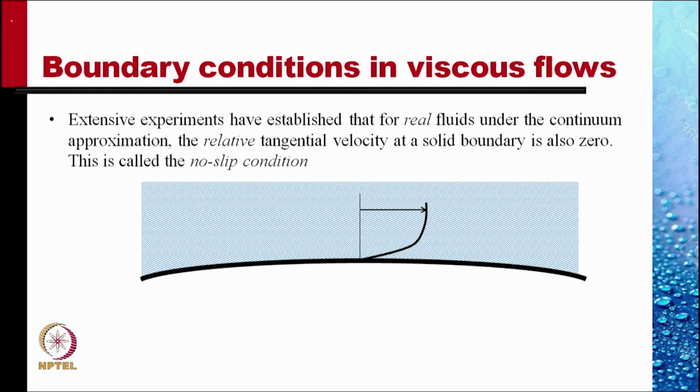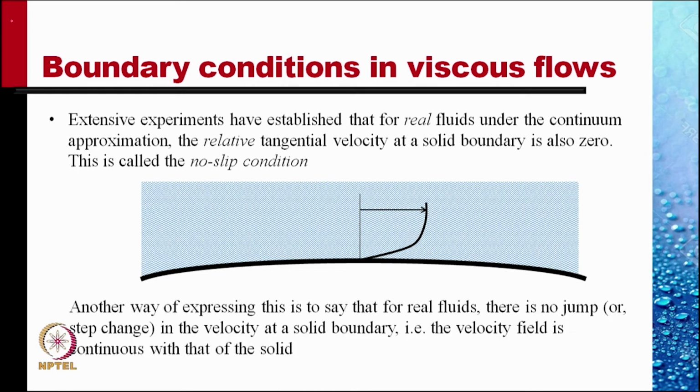There would be slip at the boundary. Another way of expressing the no-slip condition is to say that for real fluids, there is no jump or step change in the velocity at a solid boundary. That is, the velocity field is continuous with that of the solid.